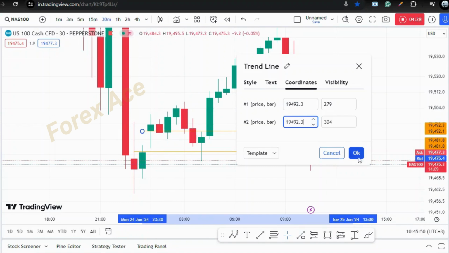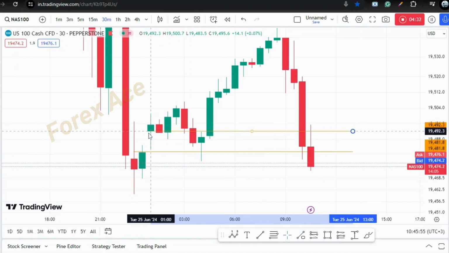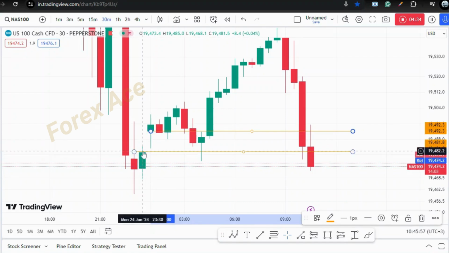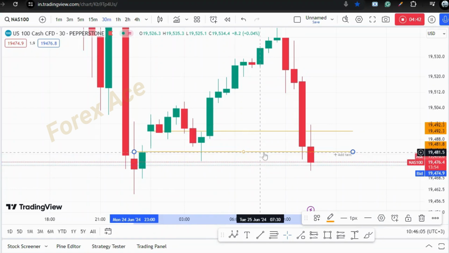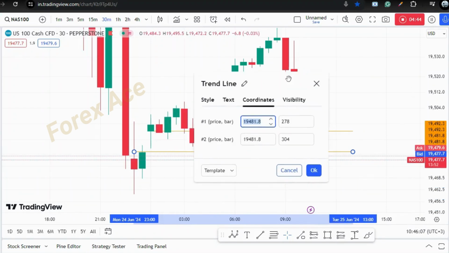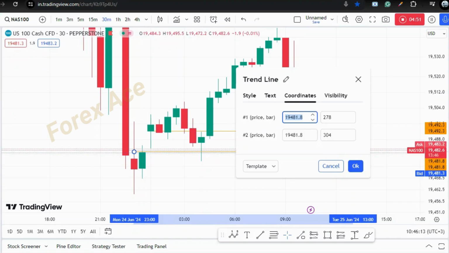I love being accurate with my analysis. So this one I'm gonna put the close of the candle. So the close is 19,481.5.